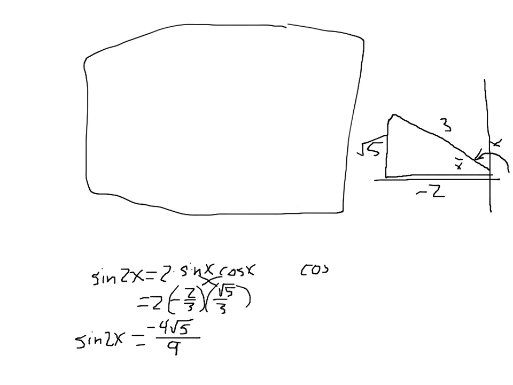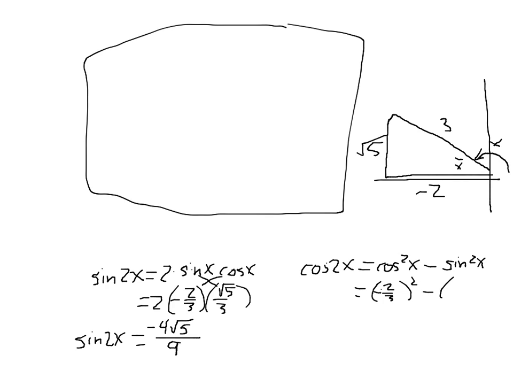Now when you look at the cosine of 2x, what you find is there are actually 3 different relationships there. Any of those 3 relationships will work for you. Just pick which one you want to use. Let's use the first one: cosine squared x minus sine squared x. That is not a Pythagorean identity. A Pythagorean identity would have a plus in between there. But the cosine of x was negative 2/3. We square that.